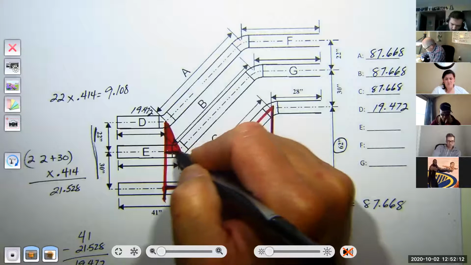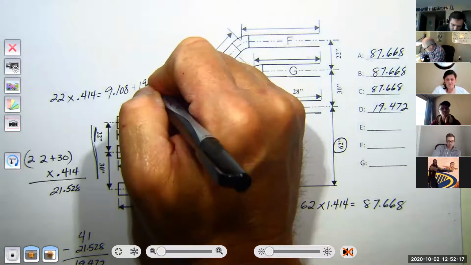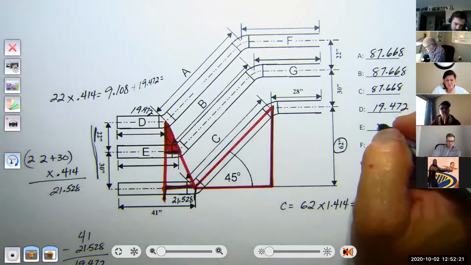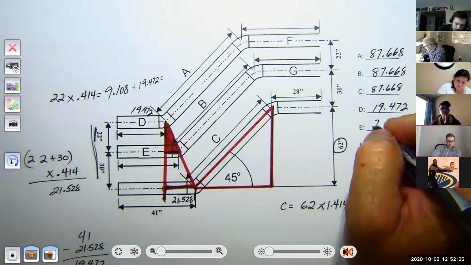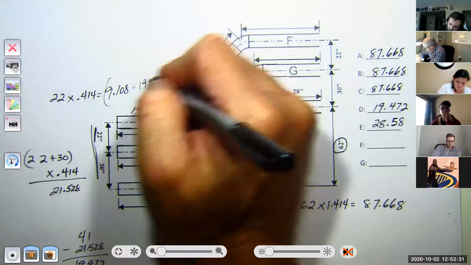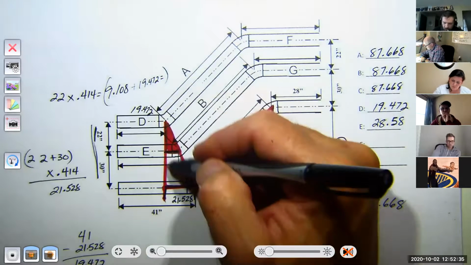I'm going to add that to D, and that is now the E measurement at 28.58 when I add these two together. And that's how to get D and E.